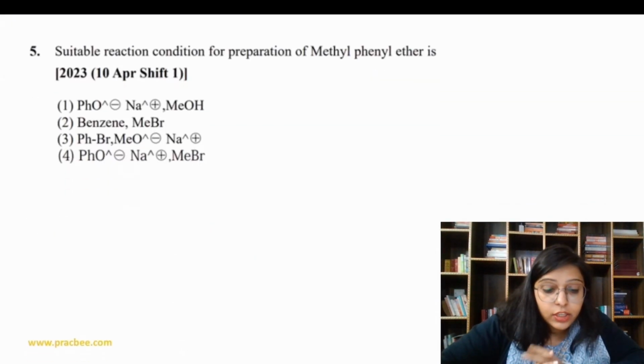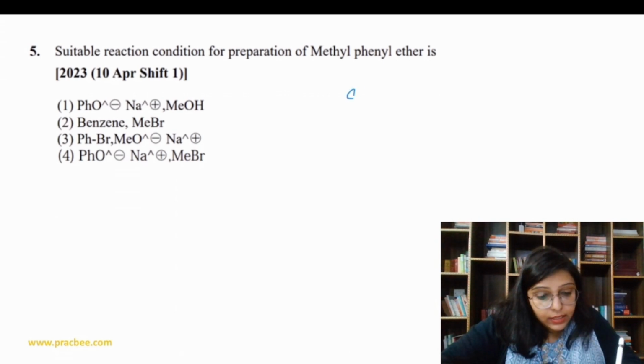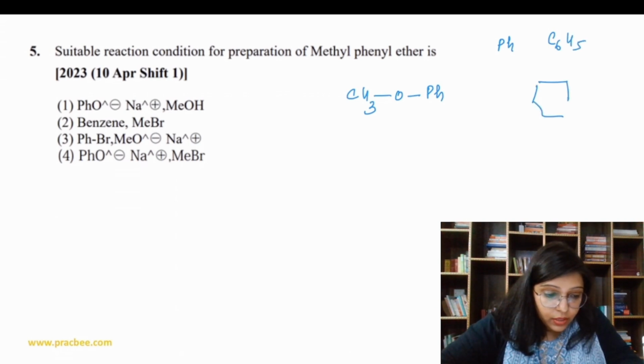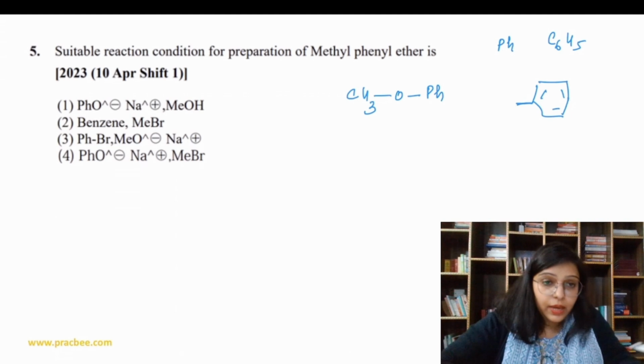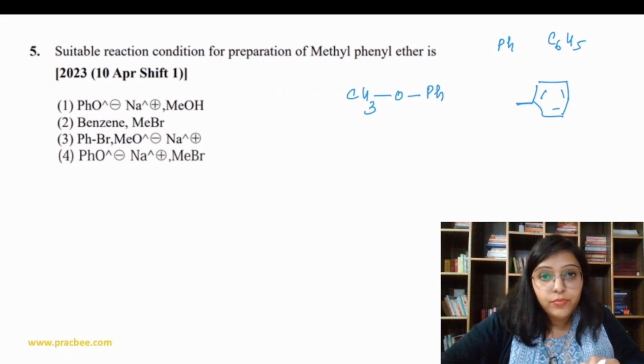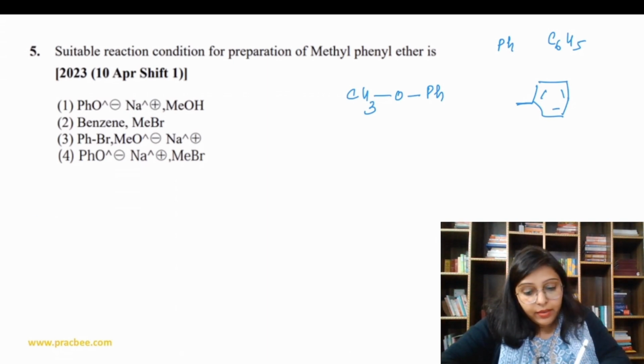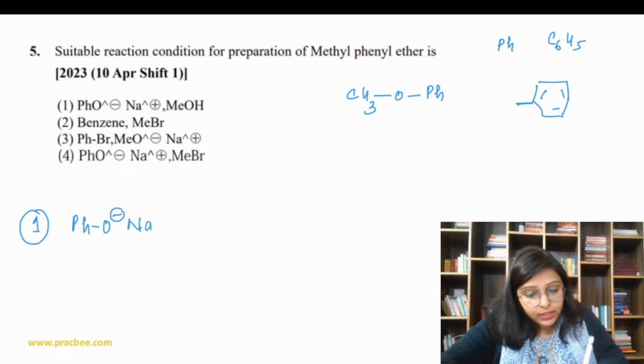Now moving on to the next question. Suitable reaction condition for the preparation of methyl phenyl ether is. Methyl phenyl ether is CH3O, and here we write the phenyl group. What is the phenyl group? The phenyl group is C6H5, or how do we write it? The phenyl group is this. So we have to form this one. So how to find out? See, we have first PhO- Na+, and we have MeOH, it means CH3OH.